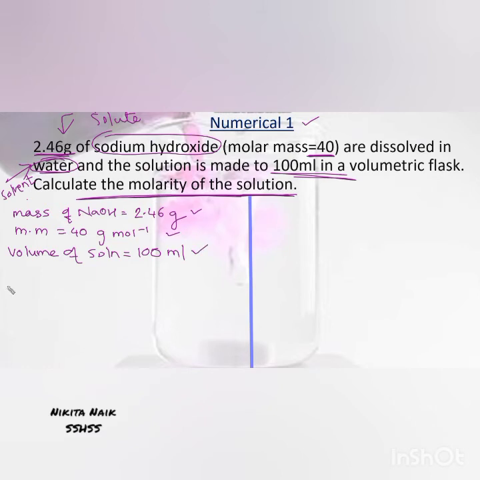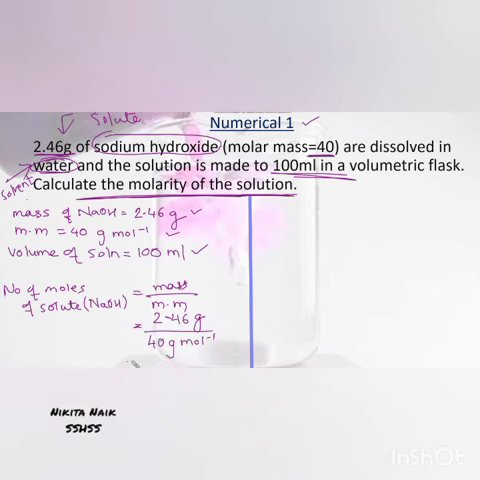So we can find out number of moles of solute, that is NaOH, which is equal to mass of solute divided by the molar mass of the solute. The mass of solute is 2.46 gram upon the molar mass is 40 gram per mole.